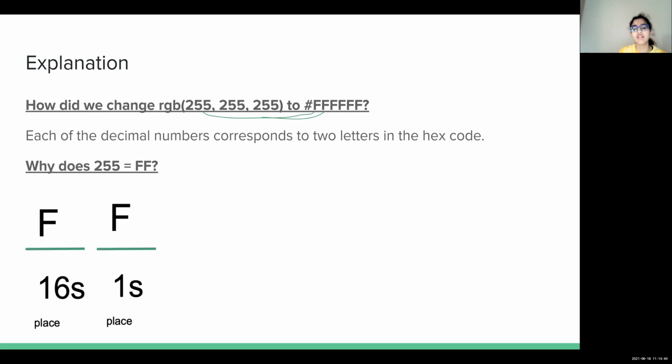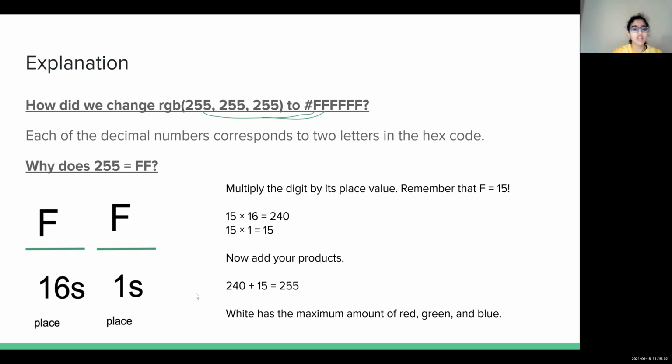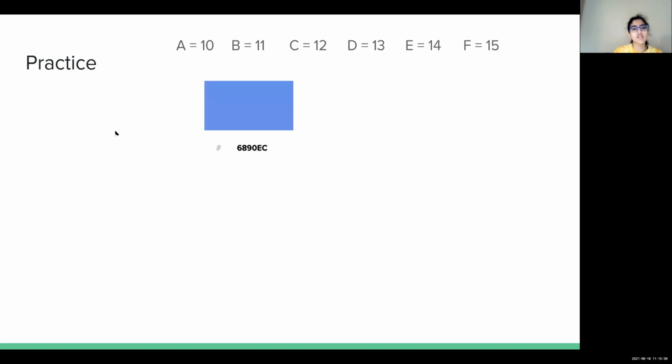That's because F in the 16's place would be equal to 15 times 16, right? And F in the 1's place would be 15 times 1. 15 times 16 plus 15 times 1 is equal to 255 because it's 240 plus 15. So that's why FF is 255, because it's hexadecimal. White has the maximum amount of red, green, and blue.